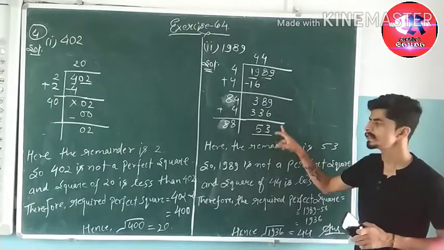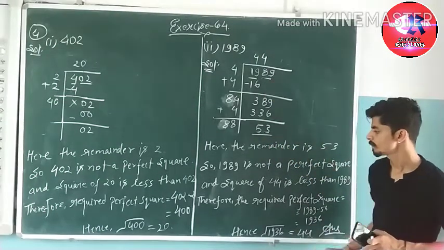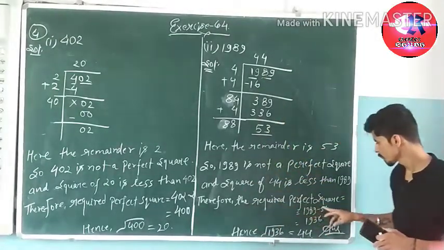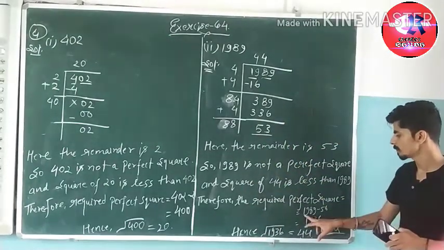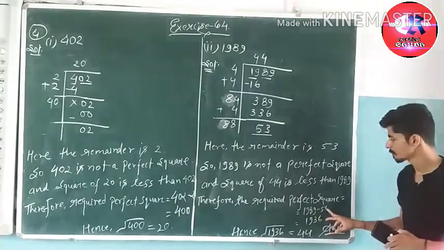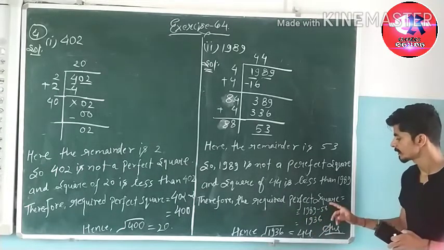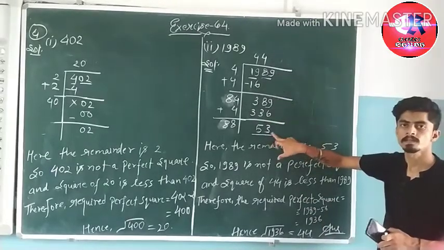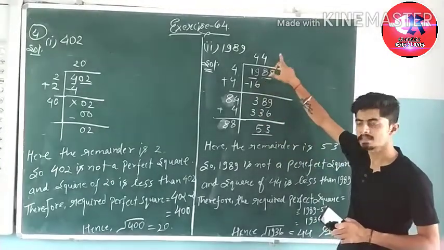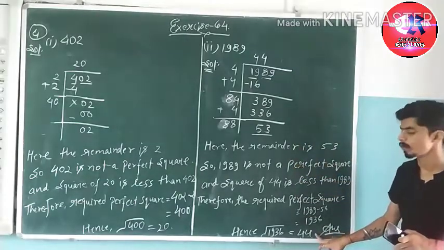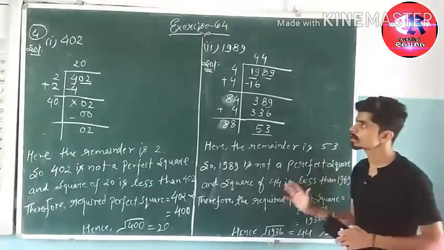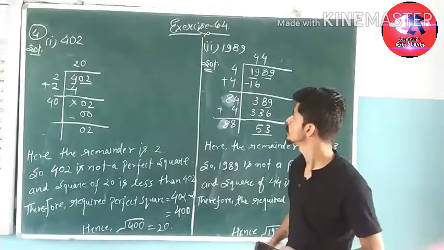That means 53 is extra in the question, so we have to subtract that remainder from the number. Now the required perfect square will be 1989 minus the remainder 53. We get 1936, and for 1936 the remainder will become 0 and the quotient will be the same. So the square root of 1936 is 44.